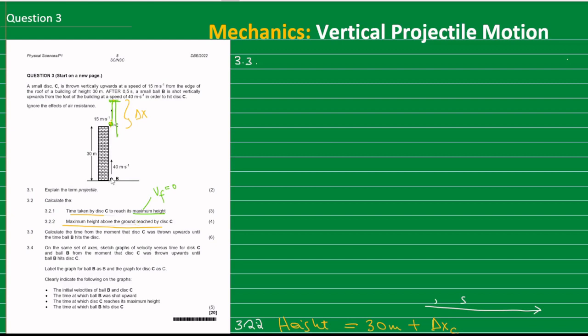So we have ball B that was thrown from the ground. As it was thrown up, first of all, we are given some information here.